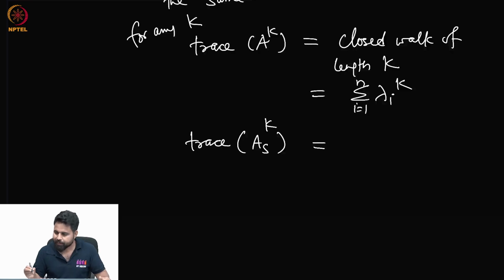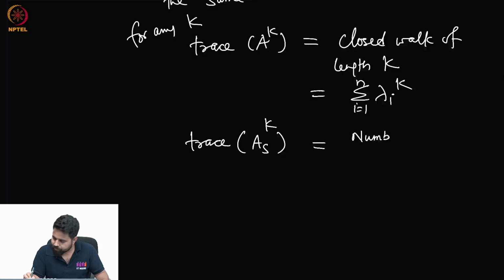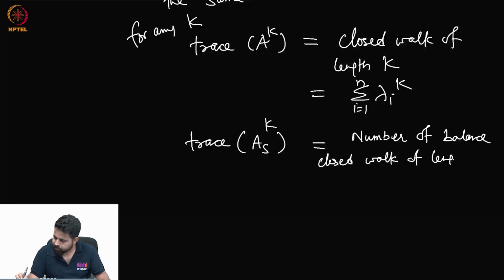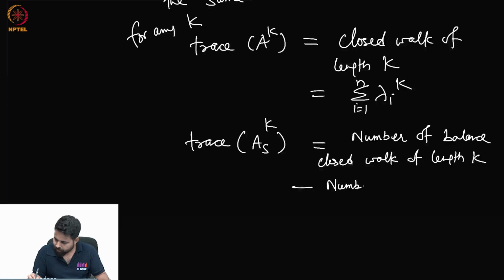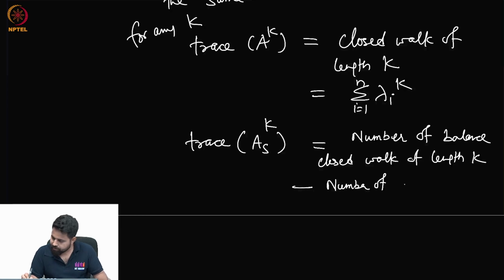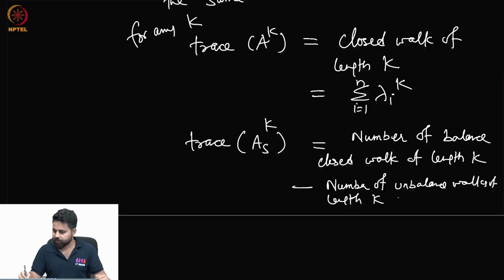So this actually gives the total number of balanced closed walks of length k minus the number of unbalanced walks of length k, because they come with negative signs.